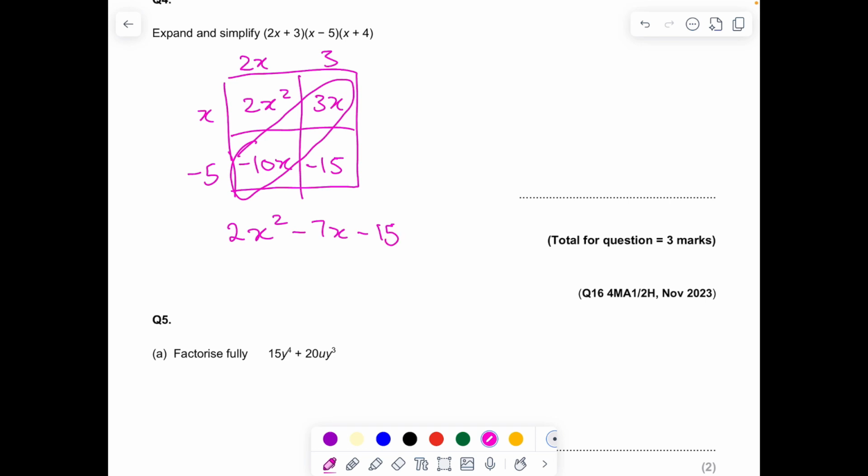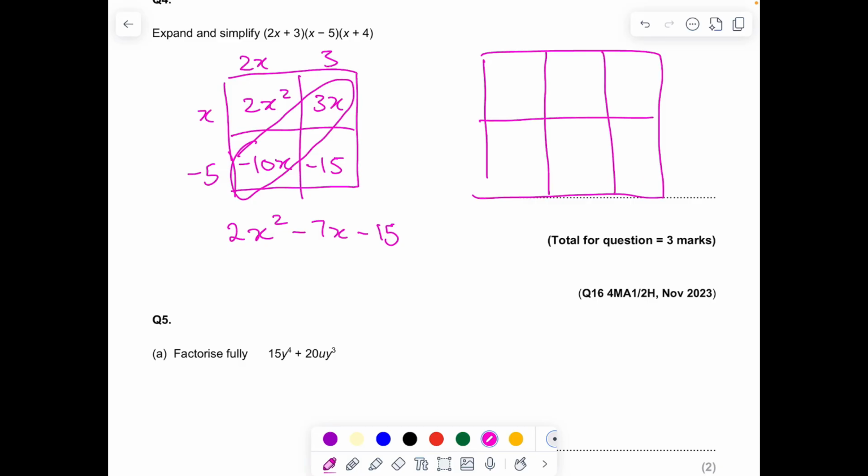Then I take that answer and I need to expand again. So I've got 2x squared minus 7x minus 15, and I need to multiply it by the last bracket, which is x plus 4.